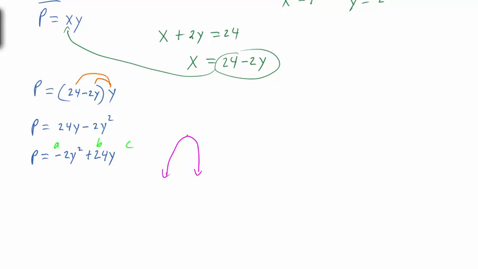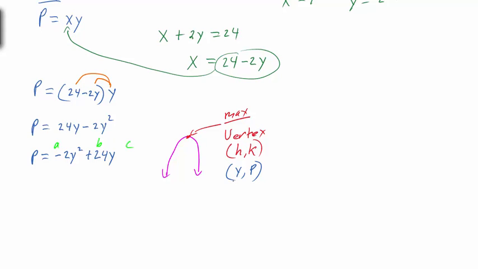And again, we're trying to find the vertex here. This is our maximum point, which is the vertex. So that is our H and our K. And in relation to our equation over here, the variables would be y and p.